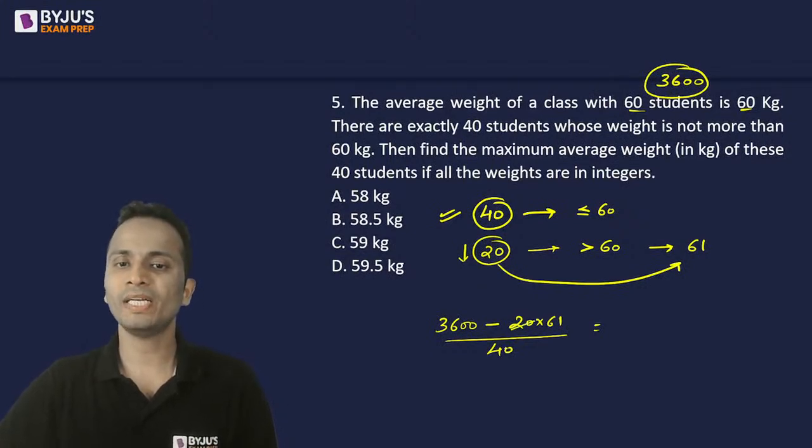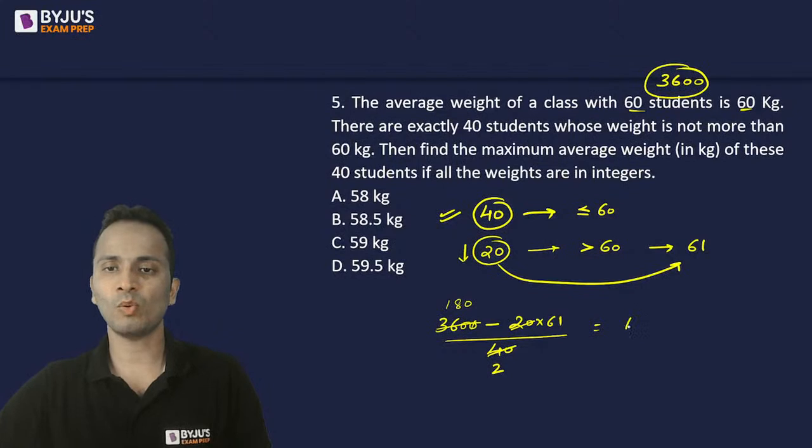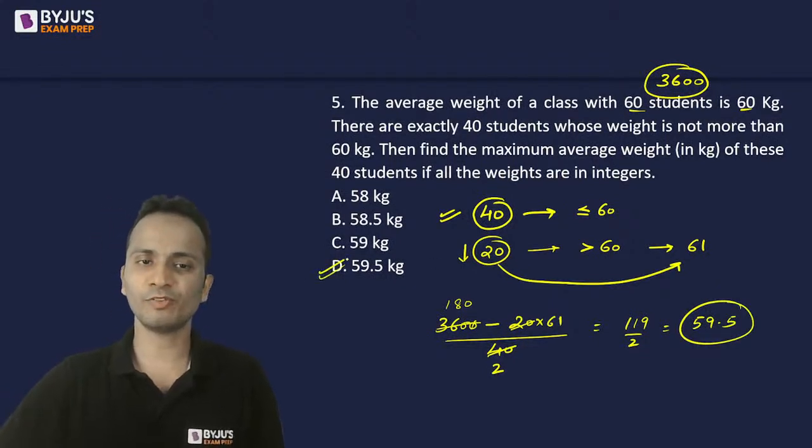So 20 and 40 get cancelled. I cancelled 20, so how much will come here? It will be 180 minus 61. So that is 119 divided by 2, and this comes out to be 59.5. Okay, so the correct answer is 59.5.